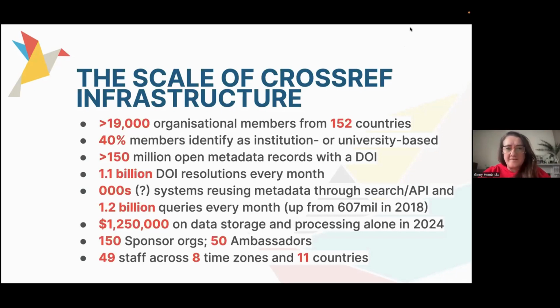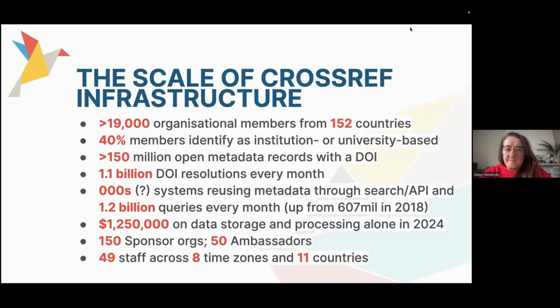And we have quite a lot of efforts trying to make sure that we're accessible to everybody. But right now we have coming up to 20,000 organizational members in Crossref from 152 countries, and lots of countries in Africa are actually part of our fastest growing countries, and we're certainly seeing new members join from Africa all the time.